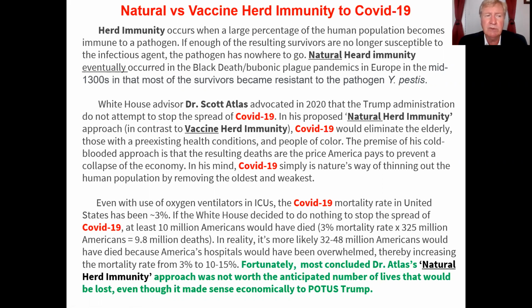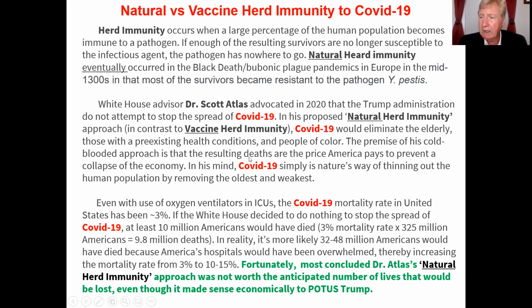And natural herd immunity eventually occurred in Black Death, bubonic plague pandemics in Europe in the 1300s. So if that pandemic 1 year killed 50%, and then the next year killed another 50%, after 3 or 4 times, the survivors become resistant to the pathogen.